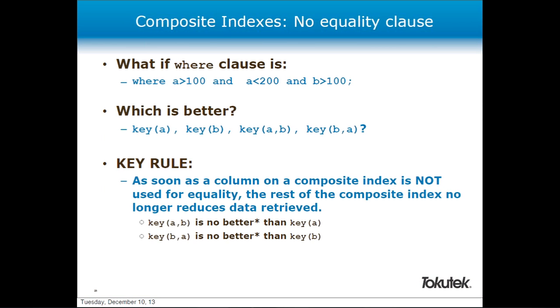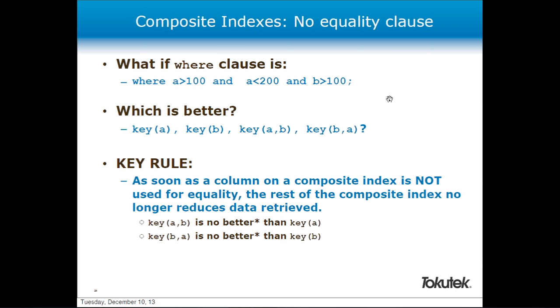Now, what if you don't have an equality clause in your composite index? If your where clause is where A is between 100 and 200 and B is greater than 100, what's better? Key of A, key of B, key of AB, key of BA? This comes to a key rule: as soon as a column in a composite index is not used for equality, the rest of the composite index no longer reduces the data that's retrieved.